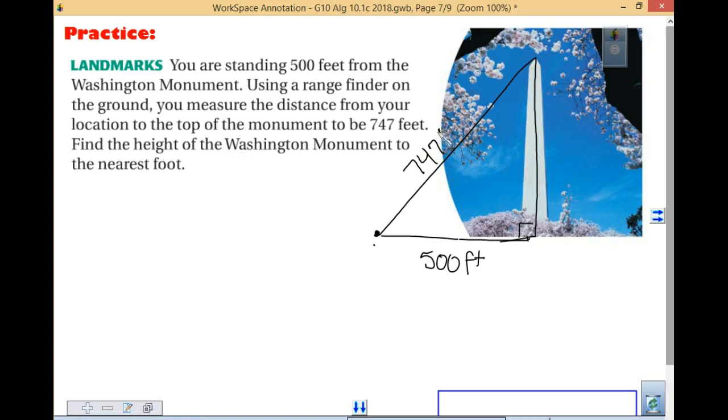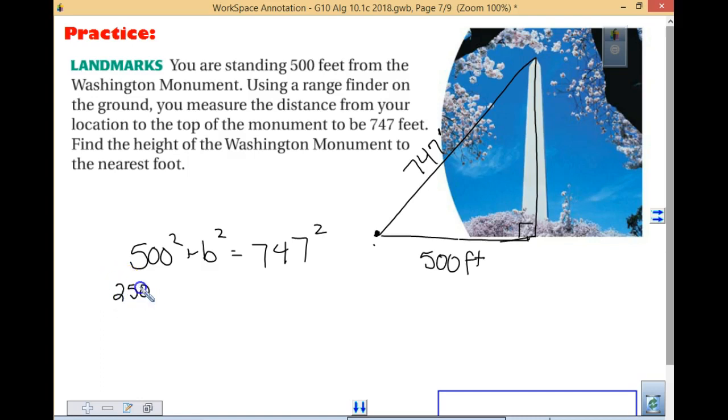Okay? So, if we are setting that up, and we are writing that one, Elena, tell me what I should start with. 500 squared plus b squared equals 747 squared. So we're gonna put these numbers in our calculator. We put 500 squared in our calculator.